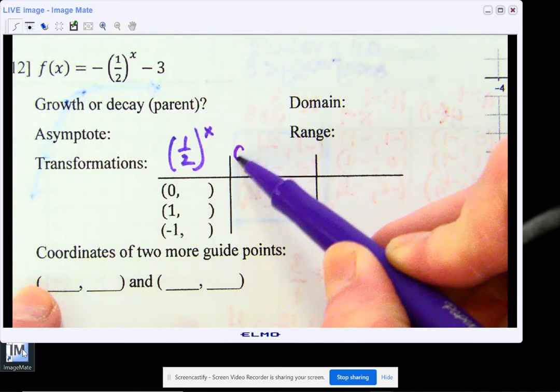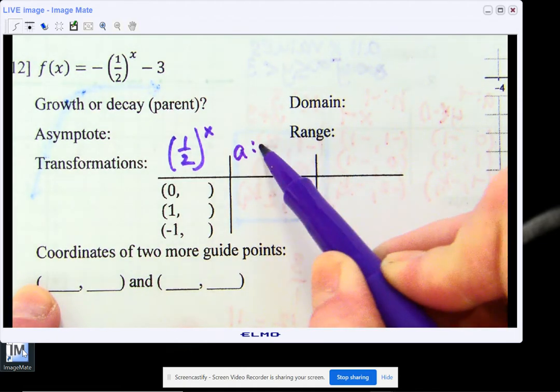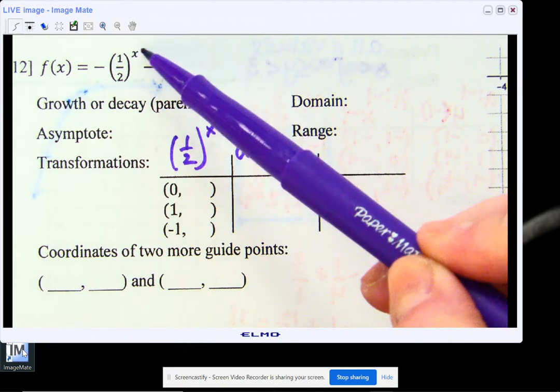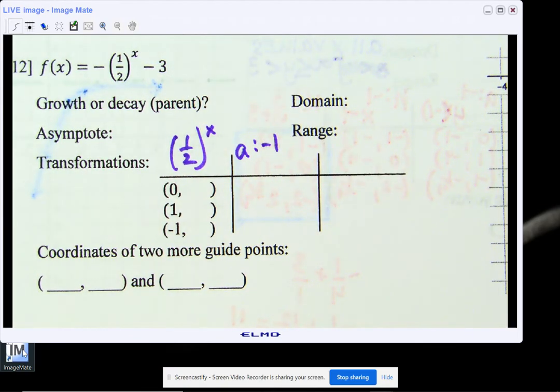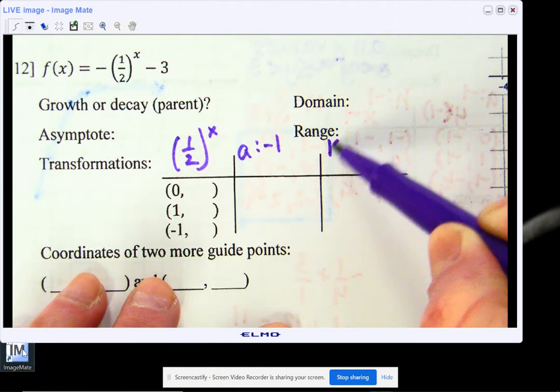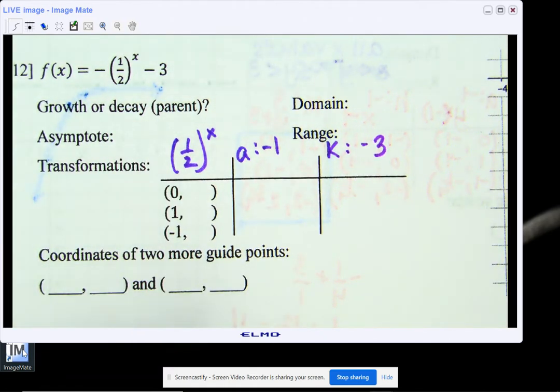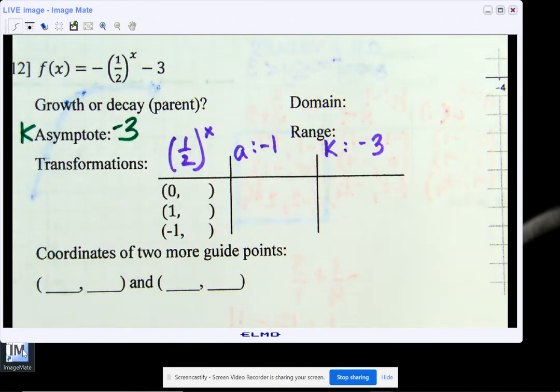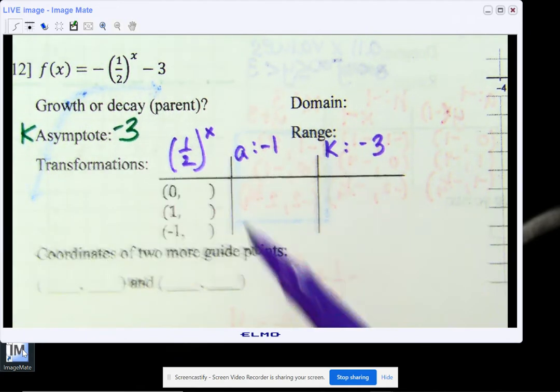Our a is what? -1. And we have an h, it's there, it's just 0, so we don't need to do anything because our h is our vertical shift. If our vertical shift is 0, it's not shifting. But we do have a k, and it's -3. Our k is also our asymptote. So let's label that while we can before we forget. And then we'll start going through.